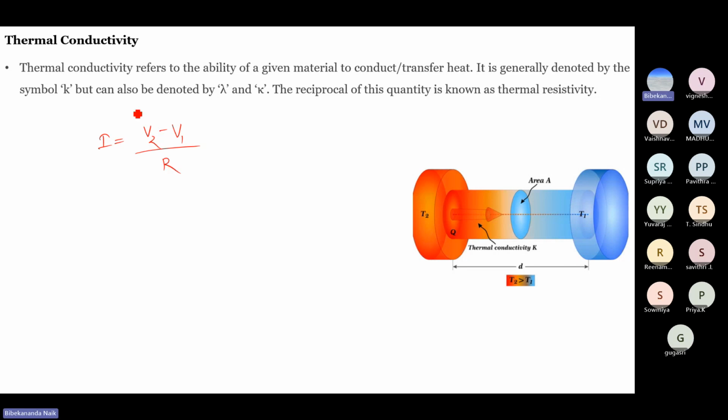So when there is a voltage difference, current flows in the circuit. Similarly, we can write I is equal to sigma times V2 minus V1 divided by L, into A.